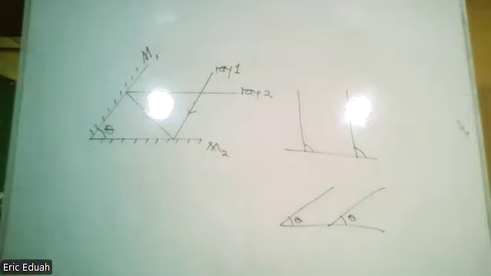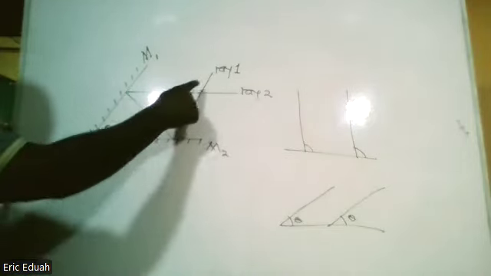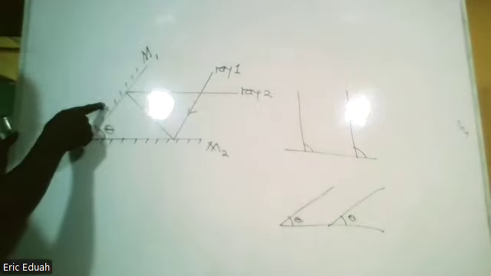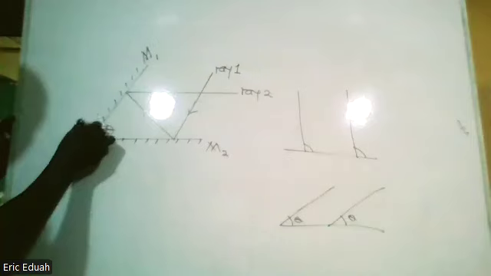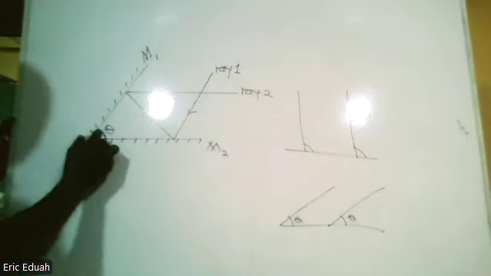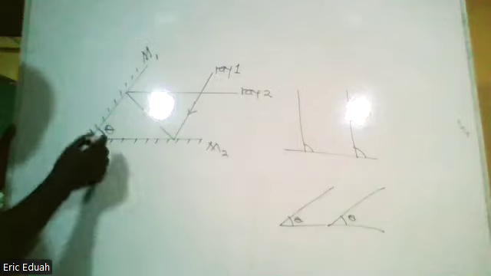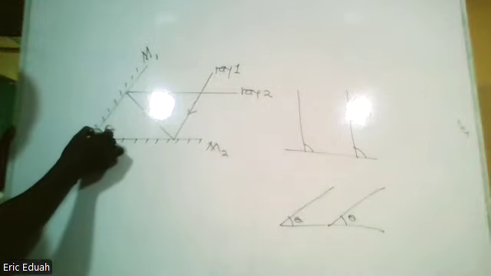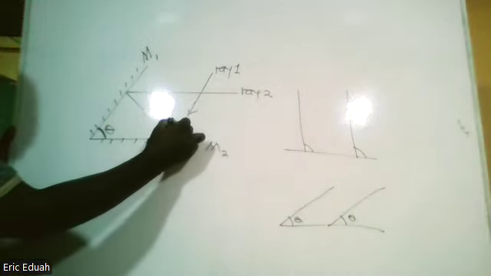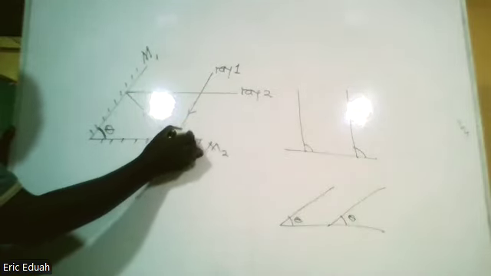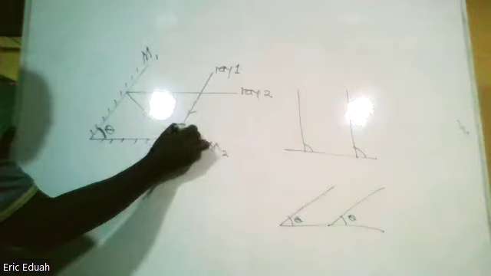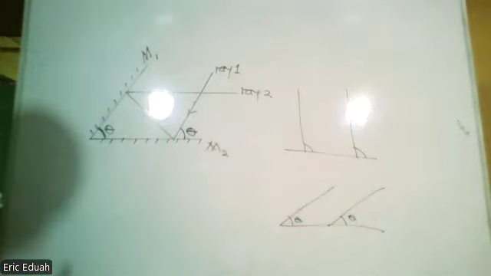Okay, so that is what we are going to apply. We are told ray 1 is parallel to mirror 1, meaning this angle between mirror 2, which is on the ground, and mirror 1, this angle theta, must be equal to this angle from the mirror to ray 1. So if this is theta, this is also theta.